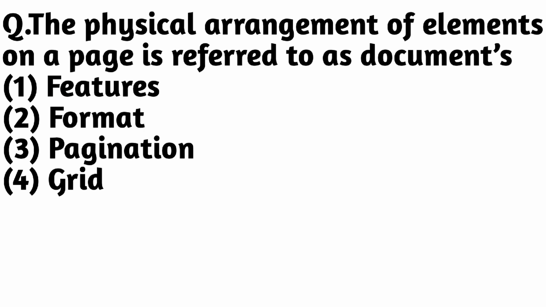Next question. The physical arrangement of elements on a page is referred to as document. Option 1 features, 2 format, 3 pagination and 4 grid. The correct answer is option 2 format.